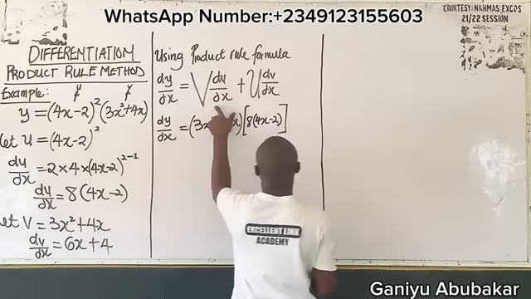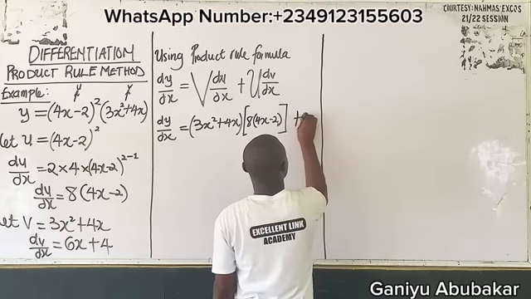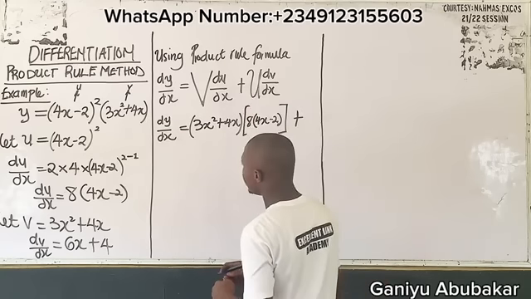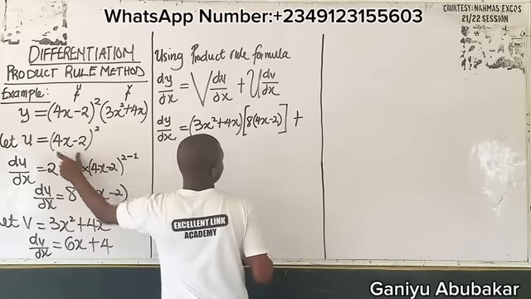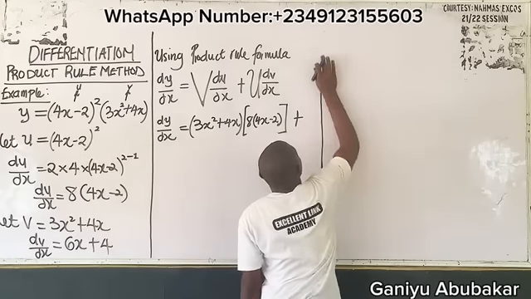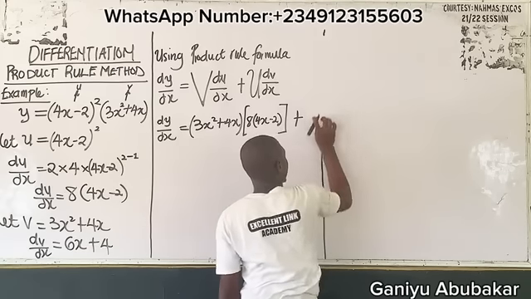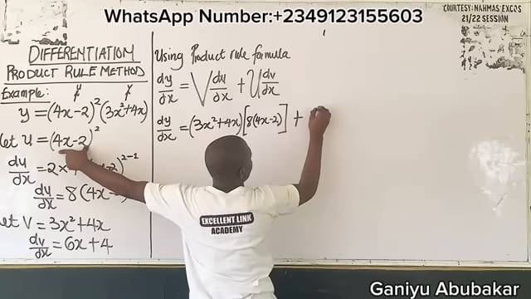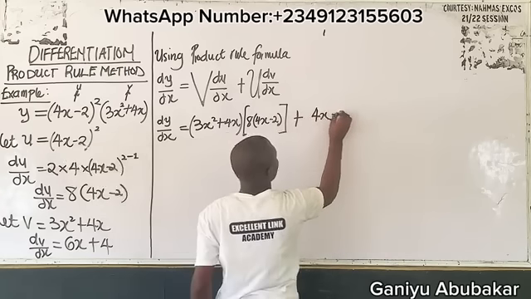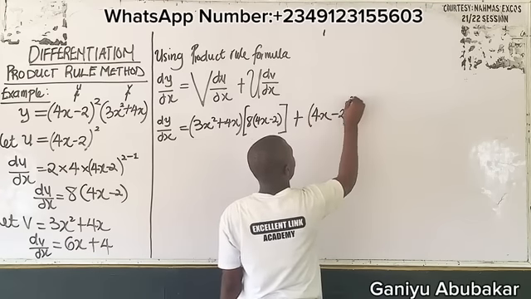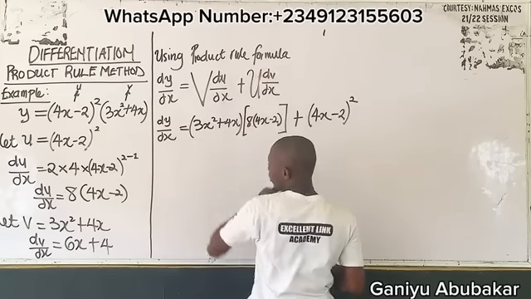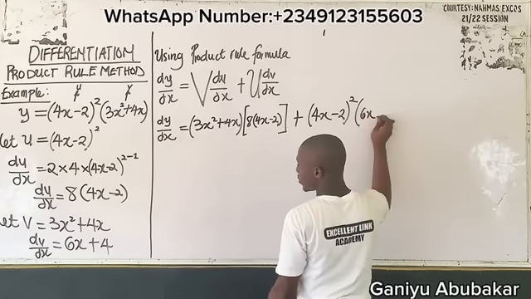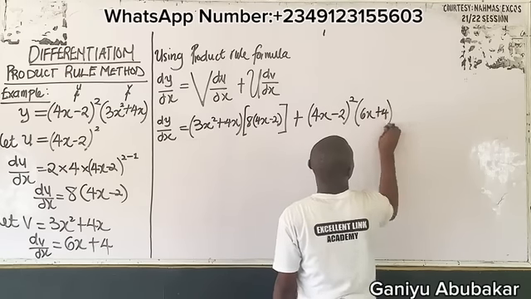So that's for these two, plus, this is a plus sign here, plus u. What is u? u is this expression, that's (4x minus 2) all squared, into dv over dx. dv over dx is of course 6x plus 4.